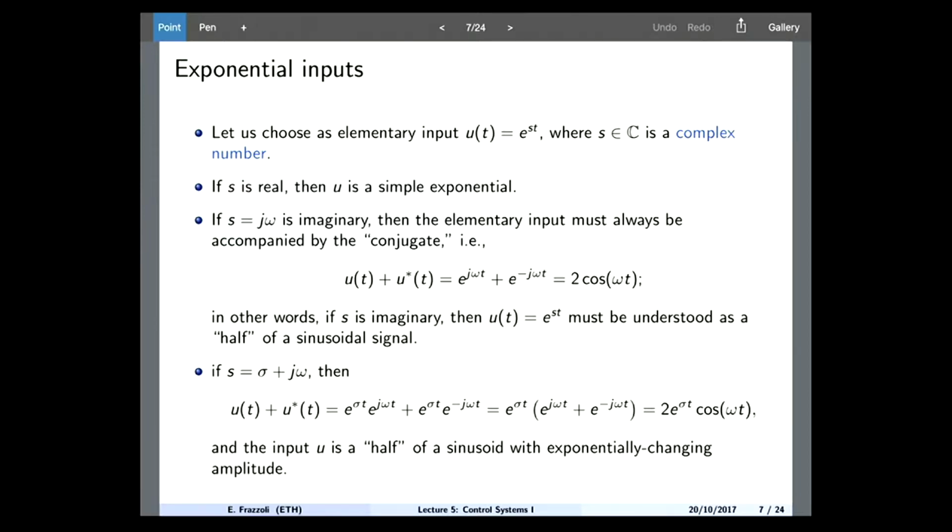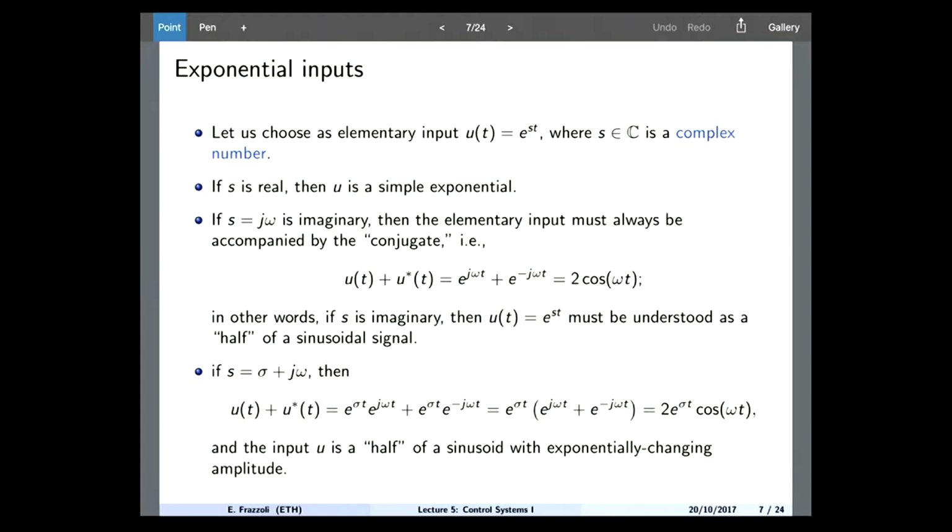If I really wanted to apply one of these imaginary inputs, what is it that I need to do? Well, I want to apply e to the power j omega t, and I will just have to accompany it with e to the power minus j omega t, okay? With a complex conjugate. Because I know that the sum of these two exponentials with complex conjugate exponents will actually be a real number. In particular, the sum of these two will be given by 2 times the cosine of omega t, okay?